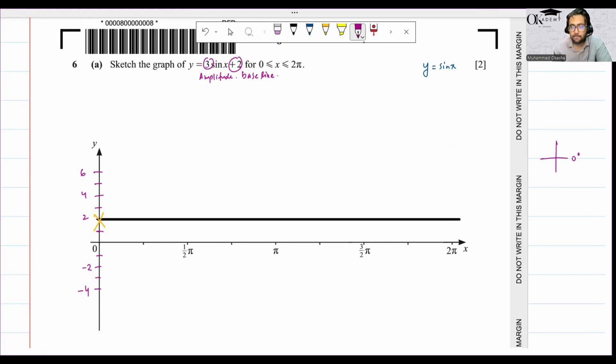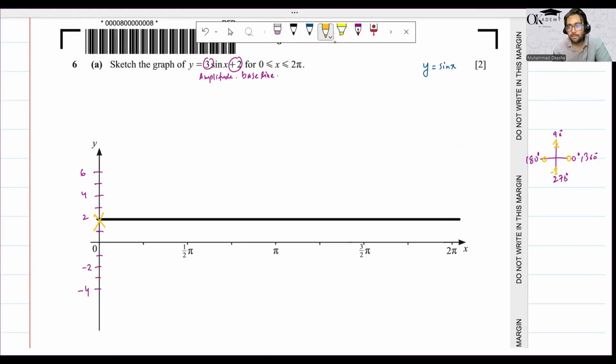This is 0 degrees, this is 90 degrees, 180 degrees, 270 degrees, and back to 360 degrees. And the values of sine x at these positions are 0, 1, 0, and -1.